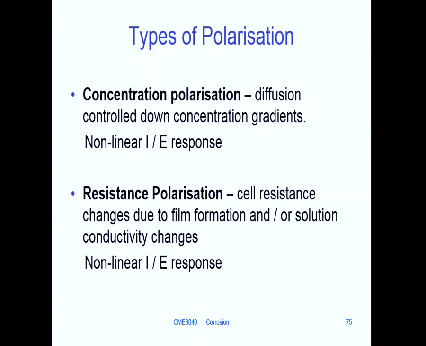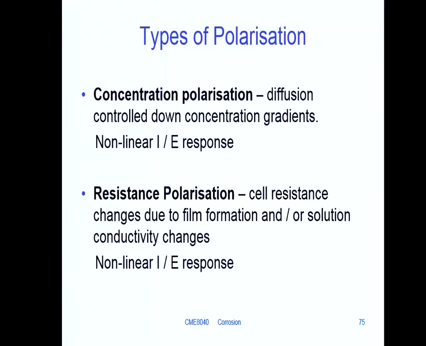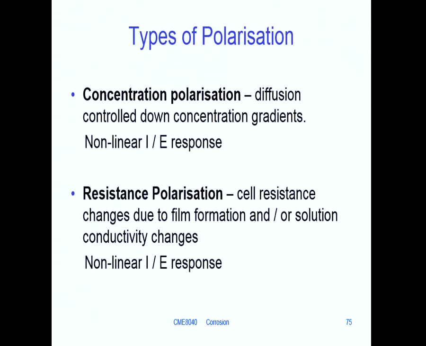The other thing that happens is that the cell changes in its characteristics in terms of its resistance. So you get the possibility of an oxide film build-up on the surface, perhaps, making a layer on the surface. So you've got film resistance, and the solution itself will change in resistance as ions are used up from the solution to produce metal salts and precipitates.